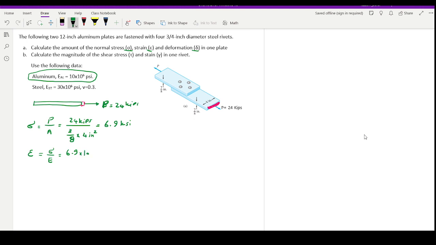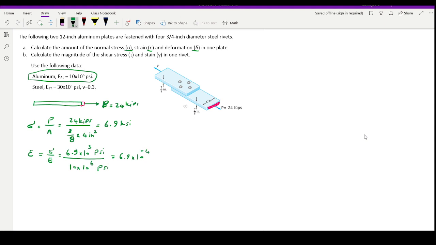I'm writing it as PSI by multiplying it by 1000 because the given elasticity is in PSI, and this is 10 times 10 to the 6 PSI. You can see that it's PSI over PSI, therefore epsilon doesn't have any unit. Strain doesn't have any unit. The result is 6.9 times 10 to the negative 4.